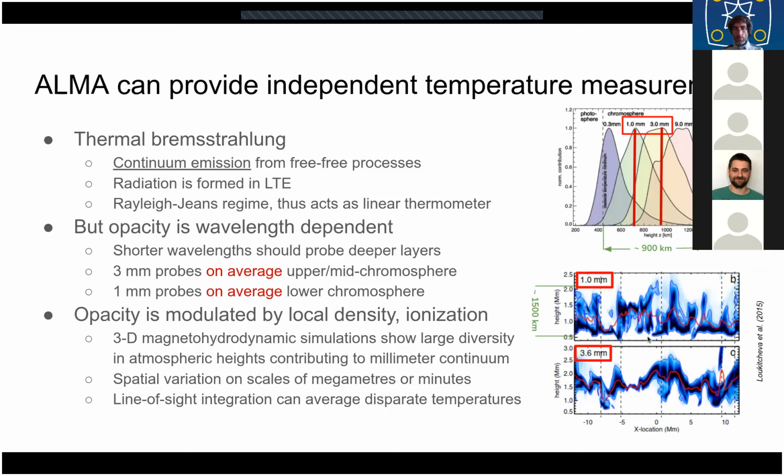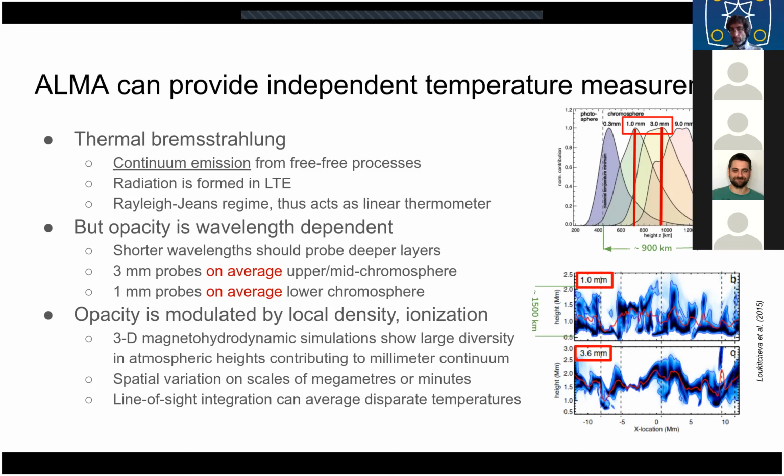So if you take, say, an MHD model of the sun's atmosphere, like in this lower figure here, you're summing over a large range of heights, possibly as wide a range as 1,500 kilometers. And the heights that you're summing over, the width of that distribution along your line of sight, varies from one spot to another, and even over fairly small timescales.